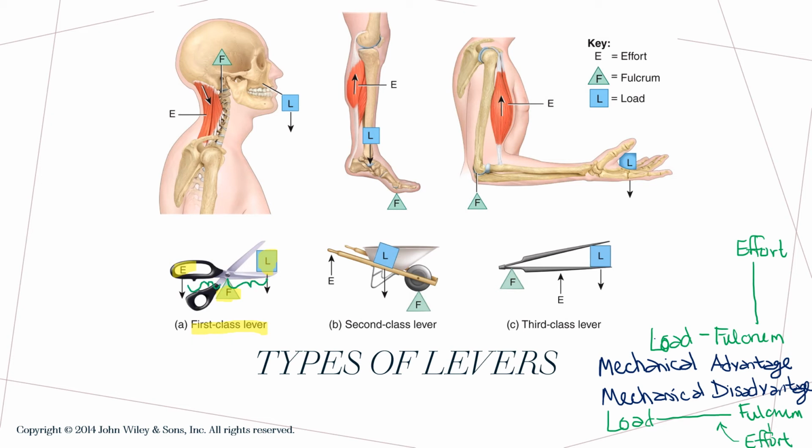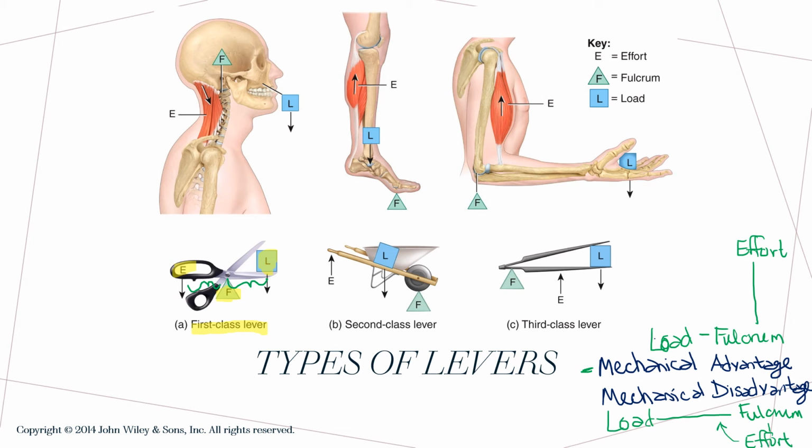Because remember, a mechanical advantage is when the load is closer to the fulcrum than the effort is. An example here in the body is the splenius capitis muscle that extends the head when both the muscles contract.